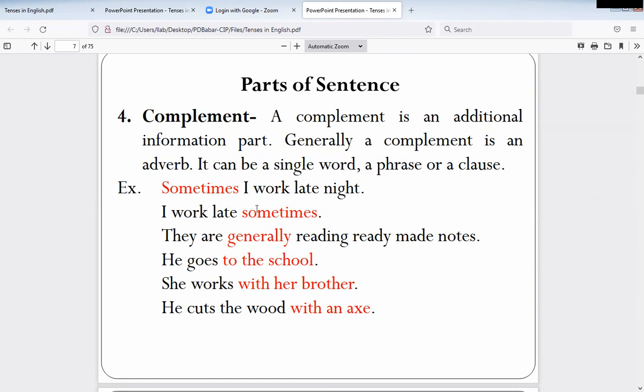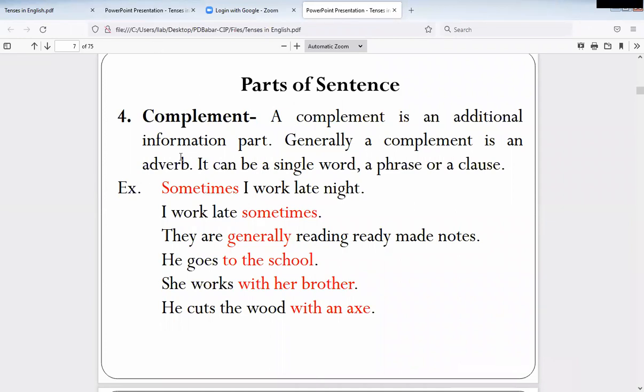So sometimes is the adverb which works as a complementary part in a sentence. It may come at the beginning of the sentence, or it may come at the end of the sentence. So this is the difference between adverb and verb, okay.